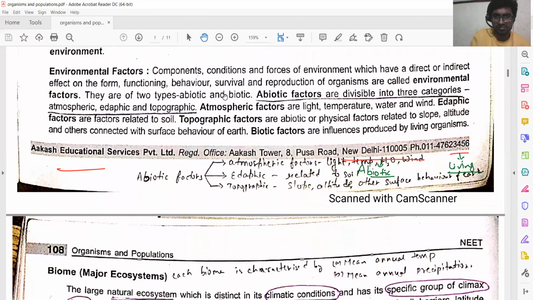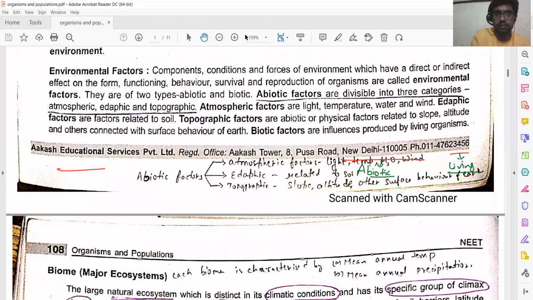Okay, let me mark all those. Yes. So environmental factors include abiotic factors, that is non-living factors, which are again divided into three parts. Look at this.